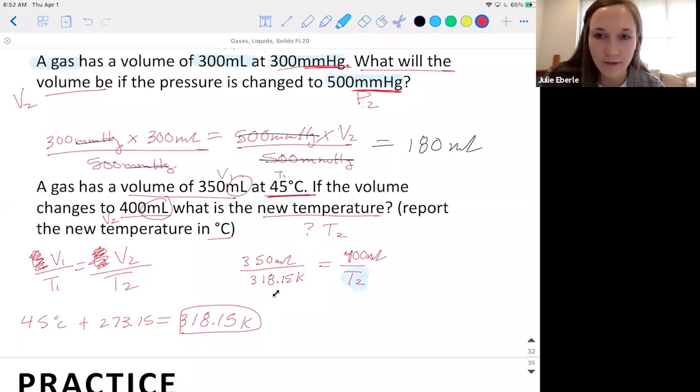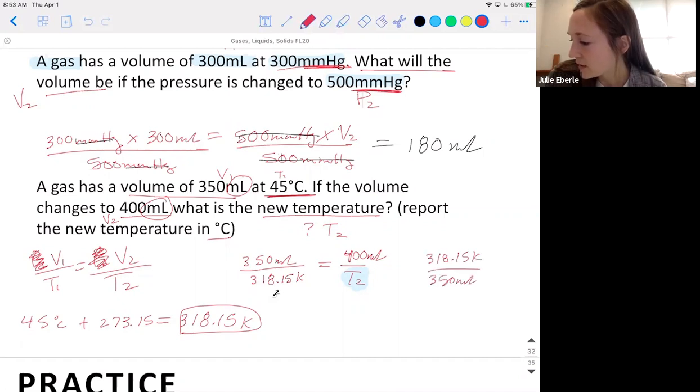My favorite, quickest shortcut way to do this is literally flip the whole equation, okay? If you flip both sides, you've done the same thing to both sides. You can do that. So literally just do 318.15 over 350 milliliters equals T2 over 400 milliliters. You flip the whole thing on its head. Now we've got T2 in the numerator. Now we can move over the 400 milliliter part and solve for T2 by itself.